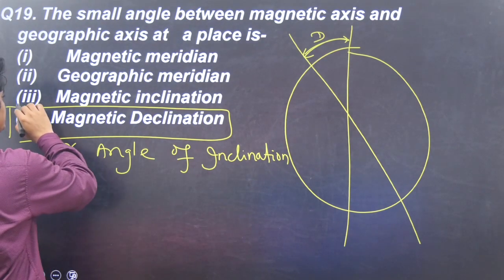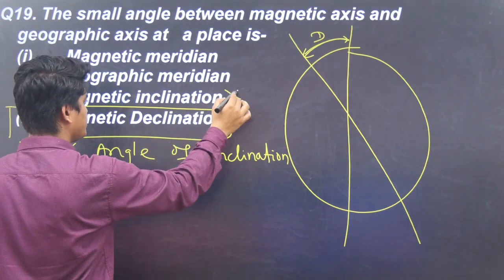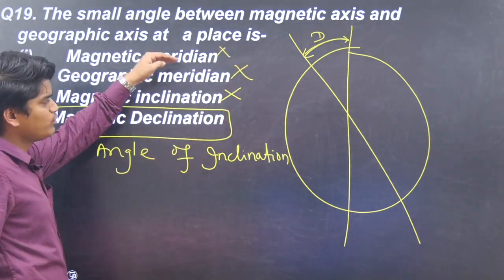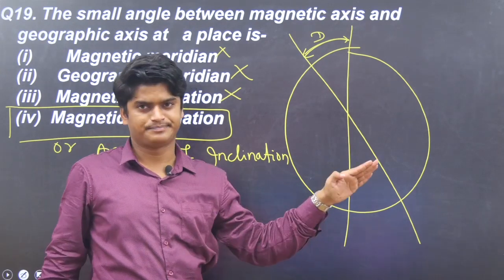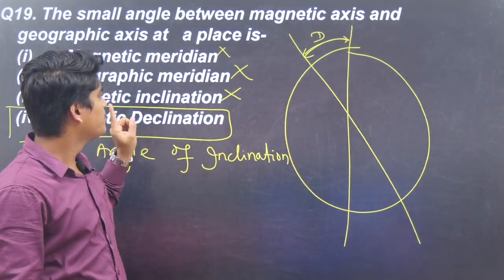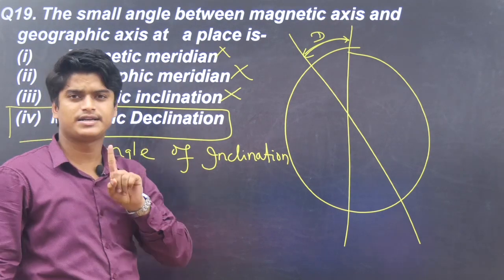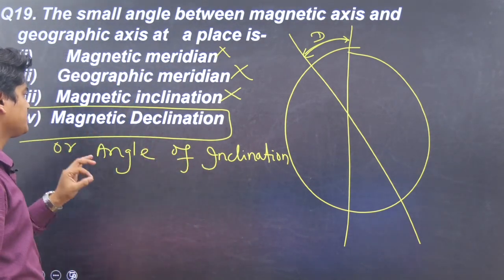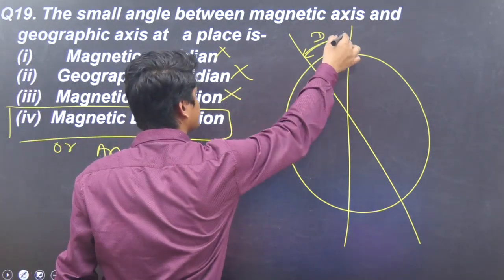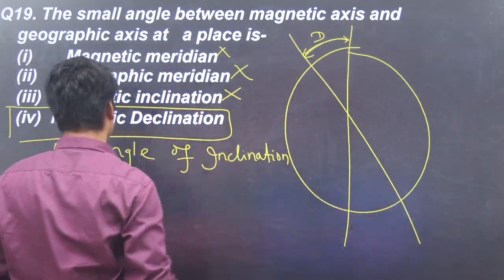But here it is given magnetic inclination, so it won't be correct, and it is not geographic meridian and all. When the word meridian comes, it is actually a plane. Remember always. So these two can be the answer, but magnetic inclination is not correct. It is angle of inclination or magnetic declination. So this is your earth surface you are taking, this is your geographic axis, magnetic axis.